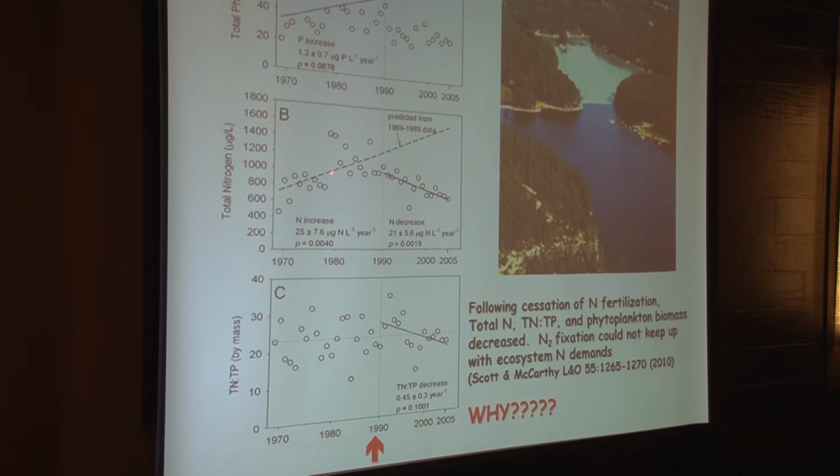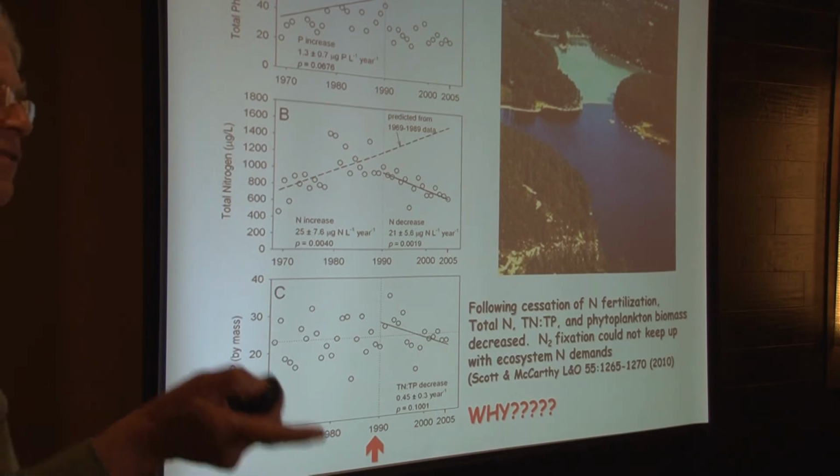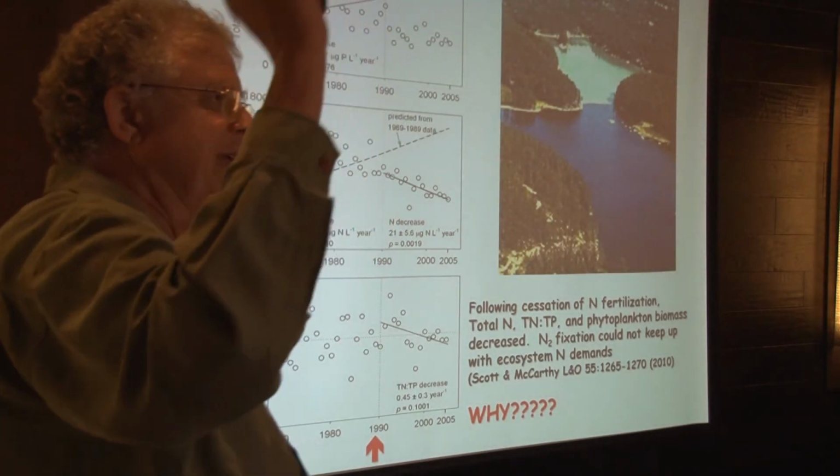So they fertilized with N and P together, and you can see everything was going up all right. You know, total N, total P, the N to P ratio remained reasonably constant through that period. And then they fertilized with only P, based on the assumption that the system would fix enough N to keep the productivity going.